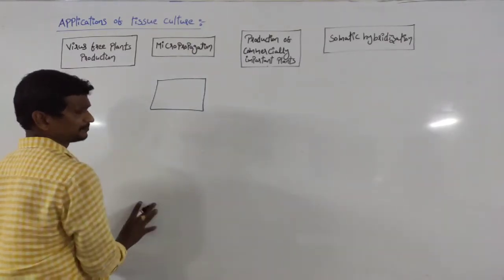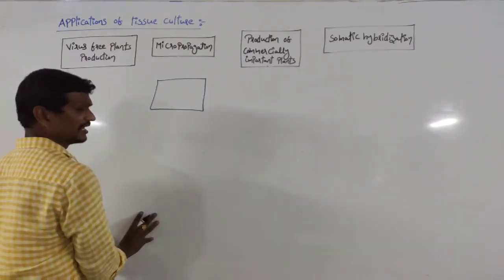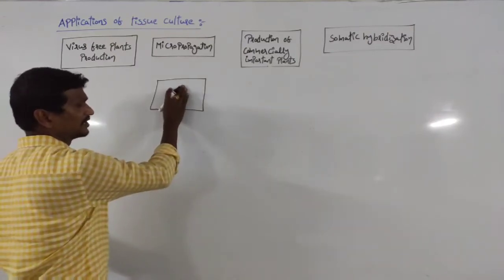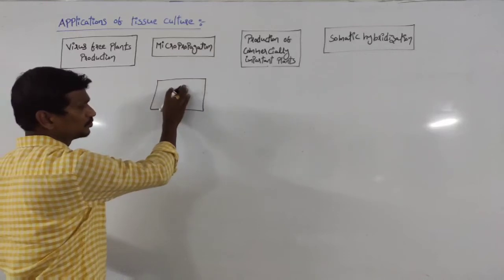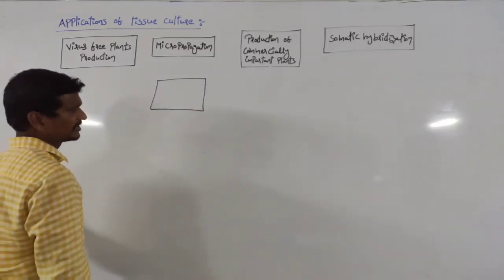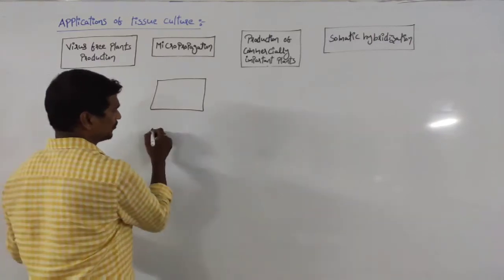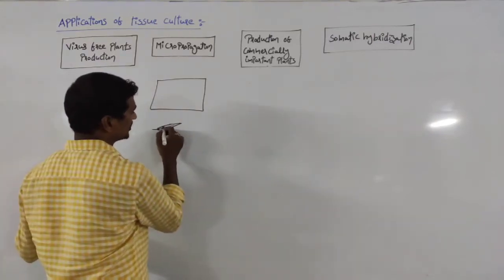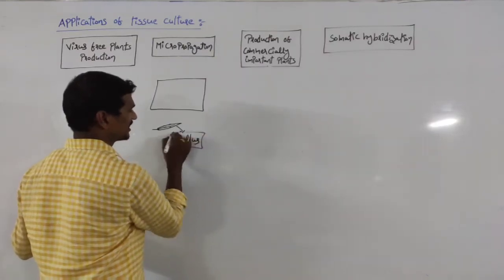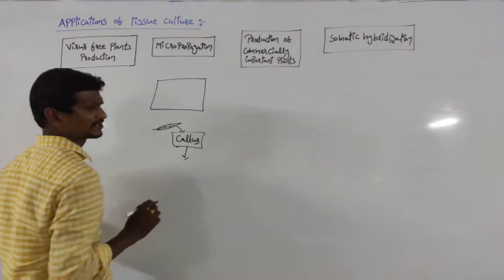See, this is one of the tissue culture labs. Within the laboratory conditions, thousands to lakhs of plants are produced. We know a leaf is taken as the source, callus production takes place, and from the callus, many plants are produced.